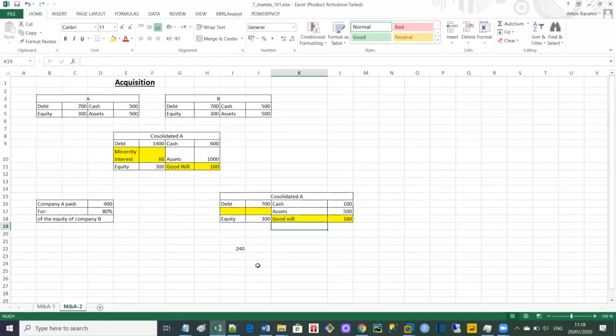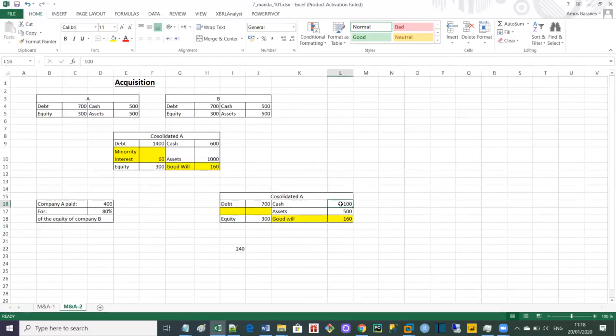Now, since for 400 I reduced it to 160, that means on the right side I'm missing 240. This is the book value of the investment in company B, but that's no problem. I'm going now to add the total assets and the total liabilities as we did before.